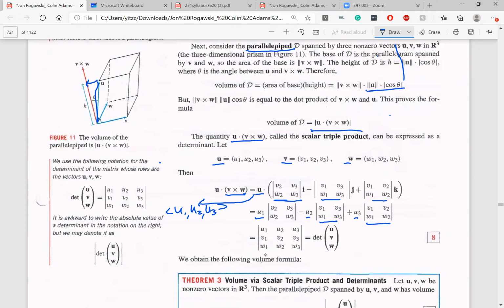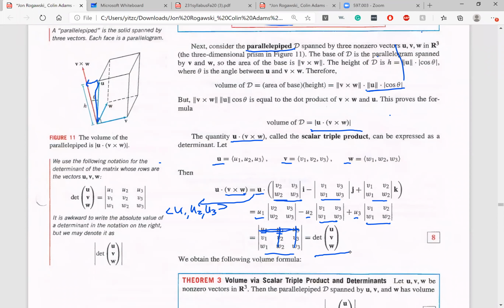And that's the same as u1 times the matrix v2, v3, w2, w3, minus u2 times the matrix v1, v3, w1, w3, plus u3 times the matrix v1, v2, w1, w2, which is the determinant of U, V, and W. So that's another thing that you can do.